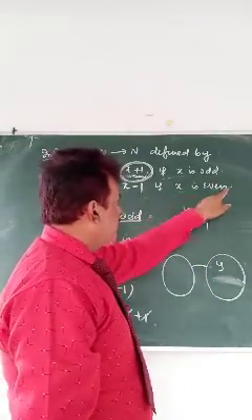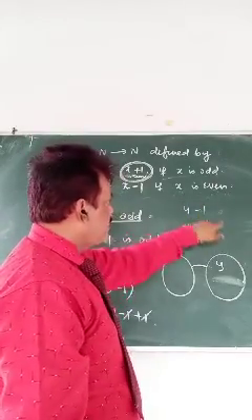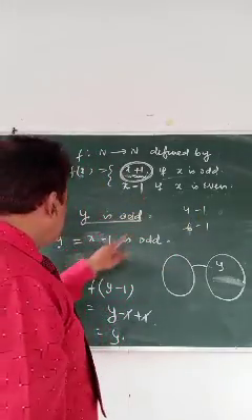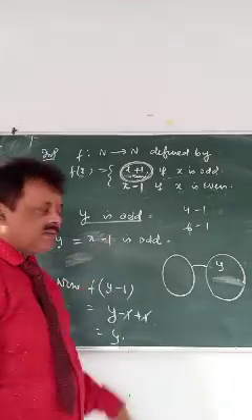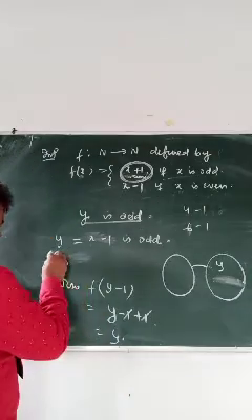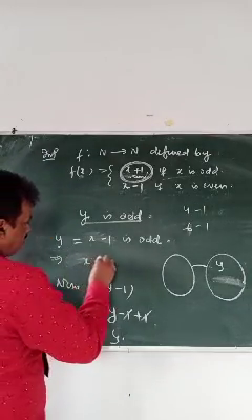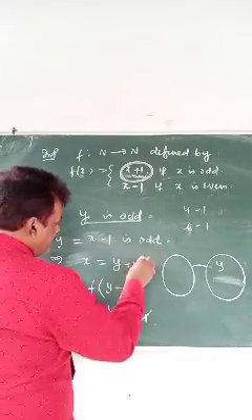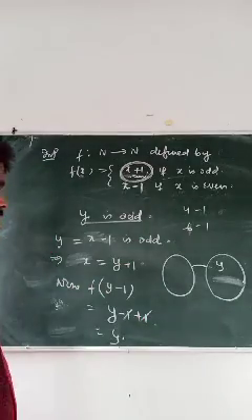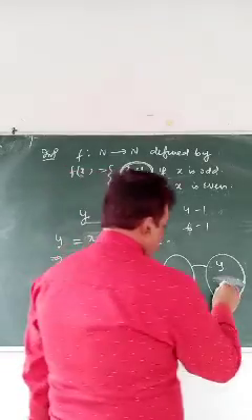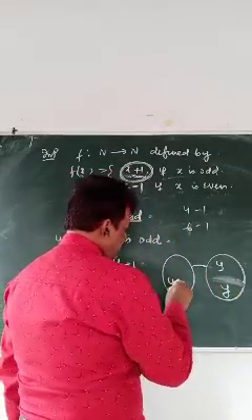When x is even, the result will be odd. Odd means this is the format, that is, y will be x minus 1. So this implies x is equal to y plus 1. If this is y, then here is y plus 1.